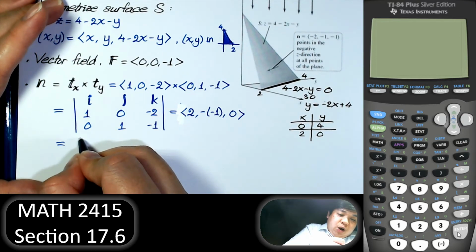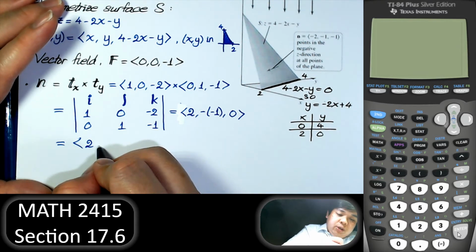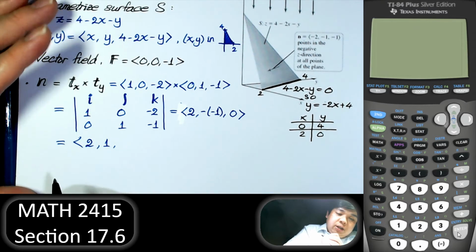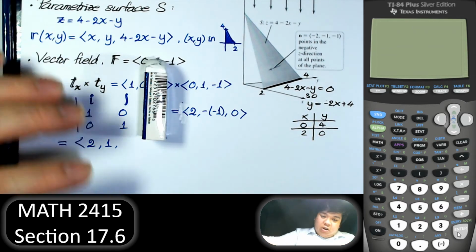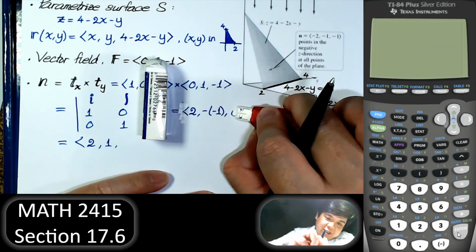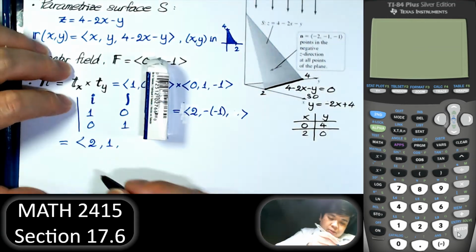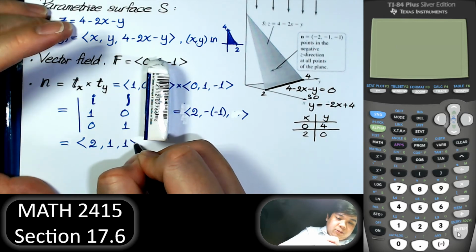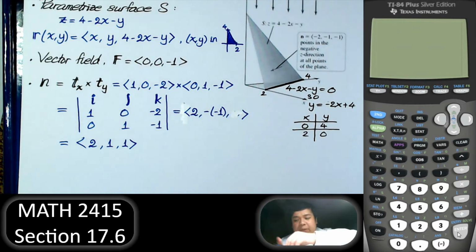So in that case, the normal vector is 2, 1, sorry, the last one is not 0, it is 1, right? Right. So this is good and all.